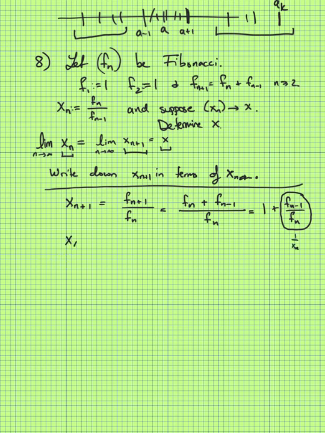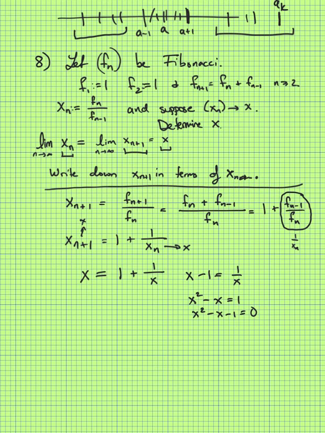So we get that x_{n+1} is 1 plus 1 over x_n. And now we can use our algebraic trick, right? If this converges to x and this converges to x, then x has to satisfy x is 1 plus 1 over x. So therefore x minus 1 is 1 over x, so x squared minus x is 1. So we get x squared minus x minus 1 is 0.